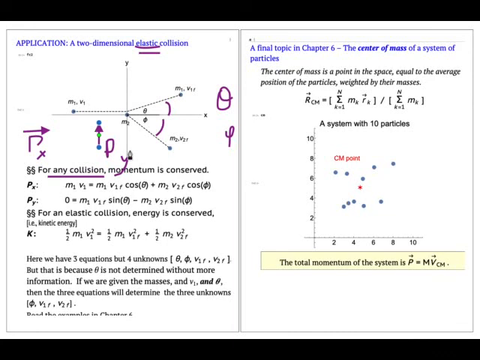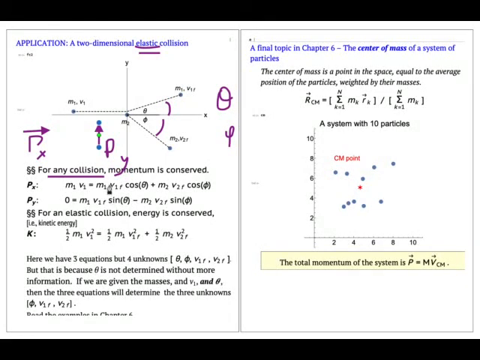And it'll also be 0 after the collision because it's conserved. So here's p_y. It starts out at 0. It ends up at m1 v1 final sine theta minus m2 v2 final sine phi. And that also has to be 0, because P initial is the same as P final.